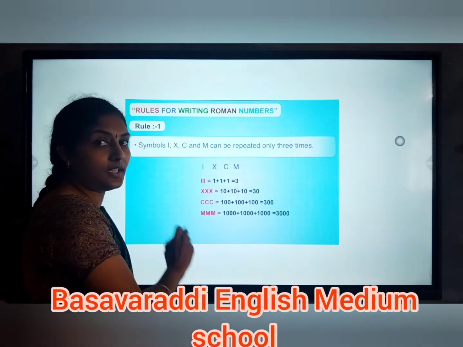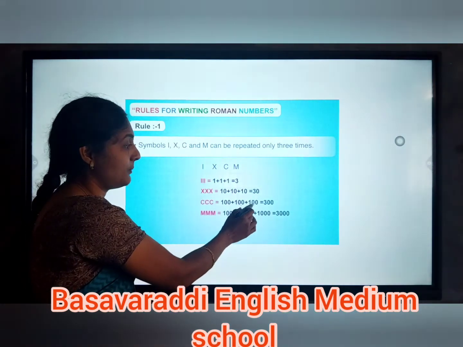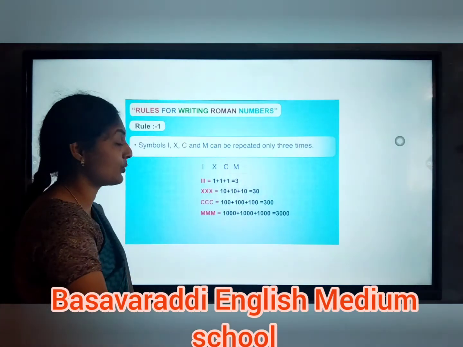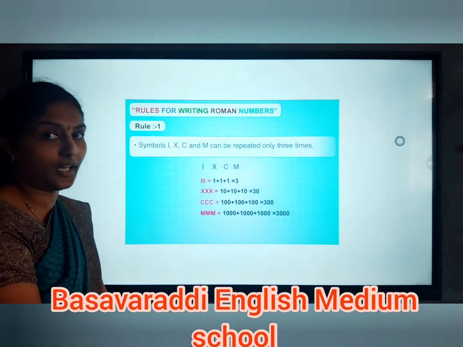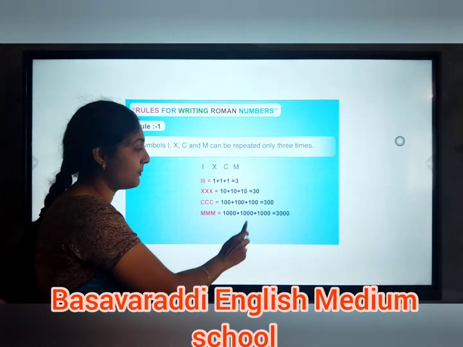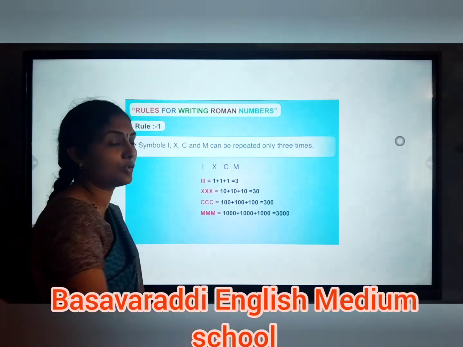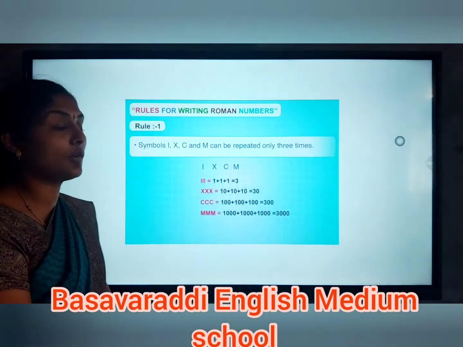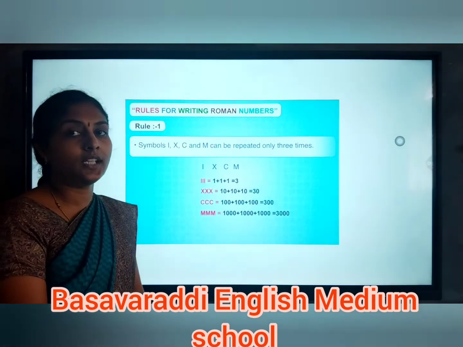The value is 100 plus 100 plus 100, equal to 300. The last example is 3M. The value is 1000 plus 1000 plus 1000, equal to 3000. So only these four symbols are repeated only 3 times.